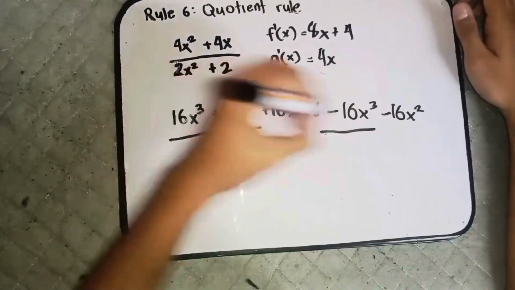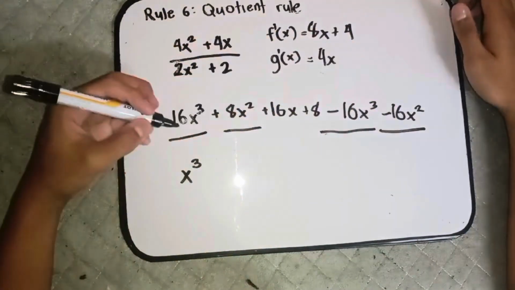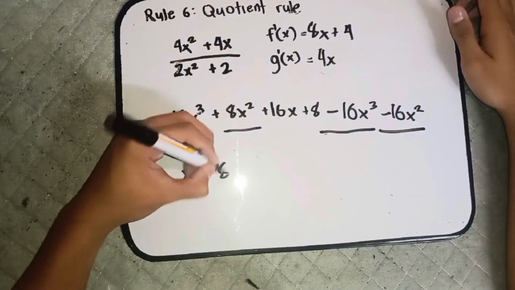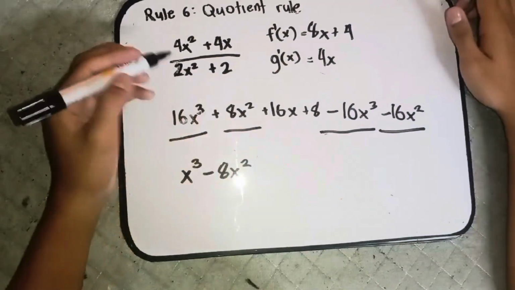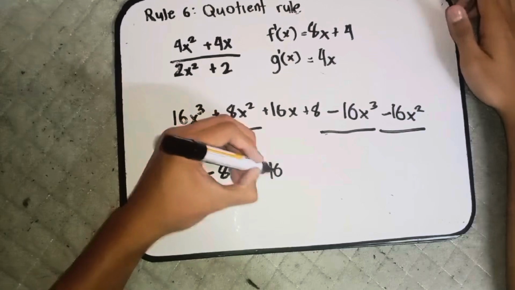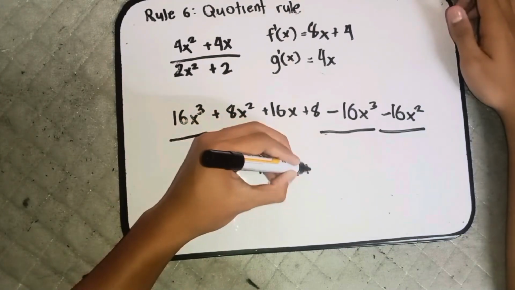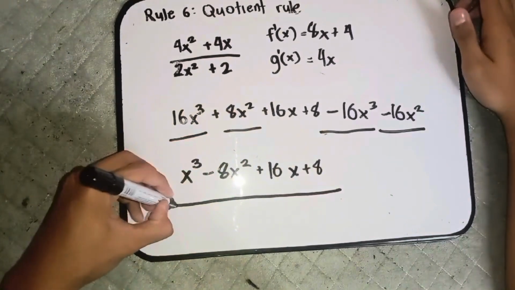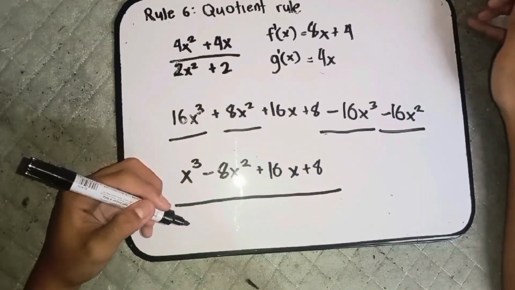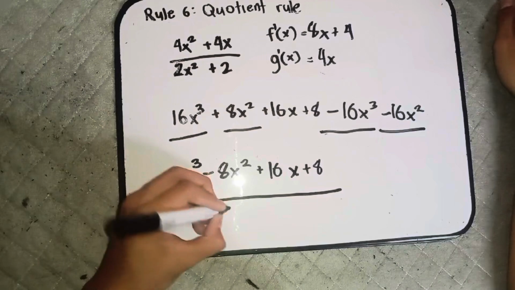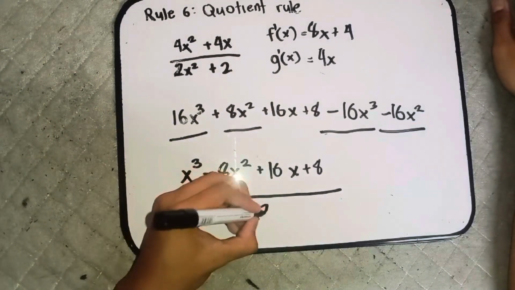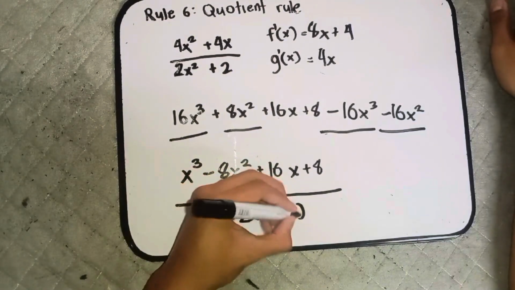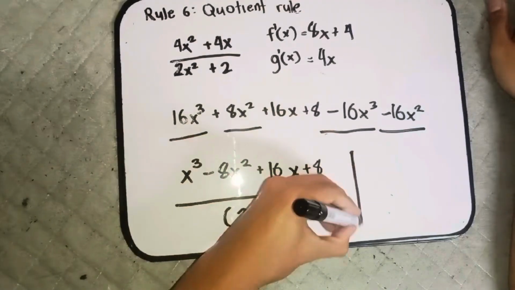Now 8x squared minus 16x squared is equal to negative 8x squared, plus 16x plus 8. Now we add the g of x squared at the denominator, which is 2x squared plus 2 raised to 2. And this is your final answer.